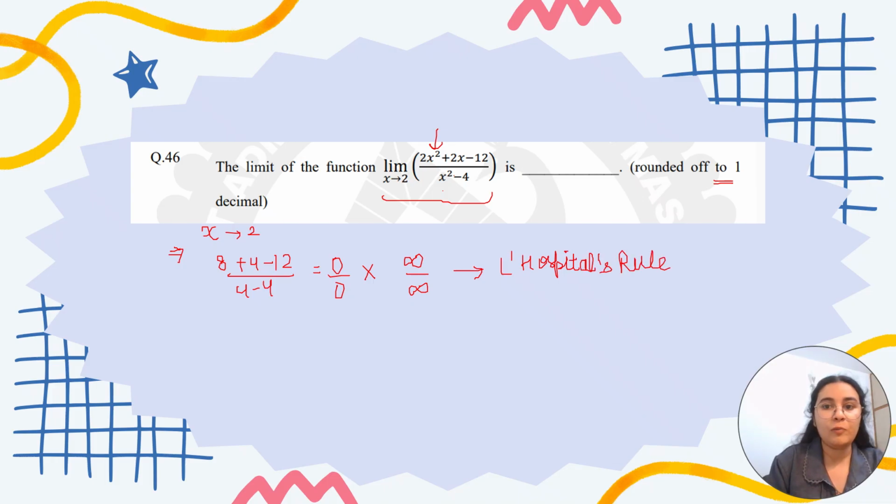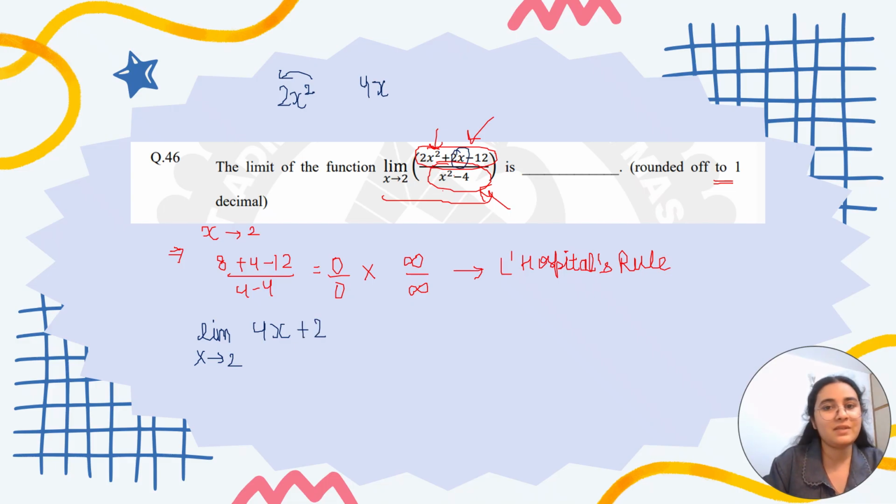So what L'Hopital's rule says: this is f(x), this is g(x). We separately differentiate the numerator and denominator with respect to x, and then we substitute the value of the limit. So applying L'Hopital's rule, derivative of 2x square will be 4x, right? Derivative of 2x is 2.